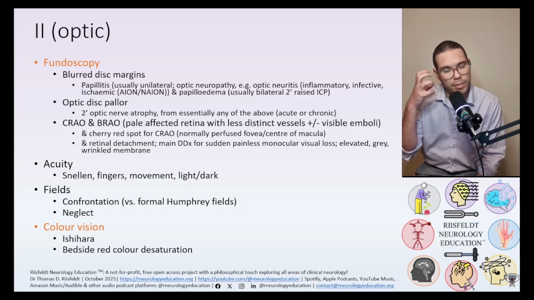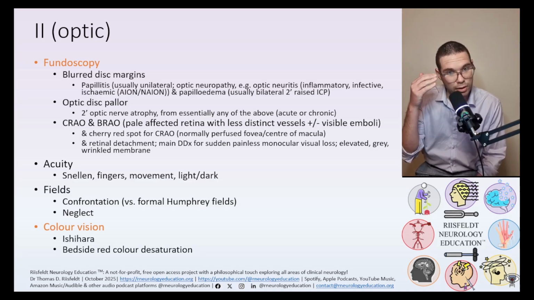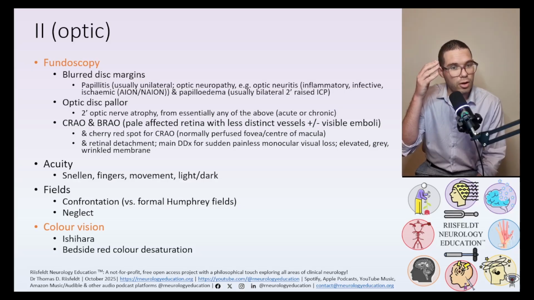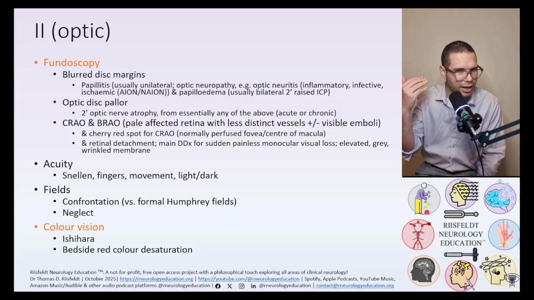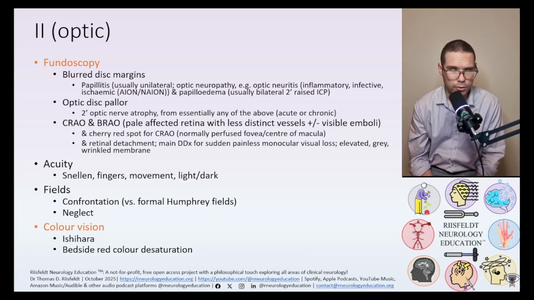So if the patient's a bit teary, or more likely if you've been trying to shine the light in their eye for a long time and they've developed some tears, then the tears on the surface of the eye seem to reflect the light. And so you just shine the light in the eye and you get this reflection of light straight back at you, and you can't really see through the pupil, through the body of the globe and into the retina. So that's not very helpful.